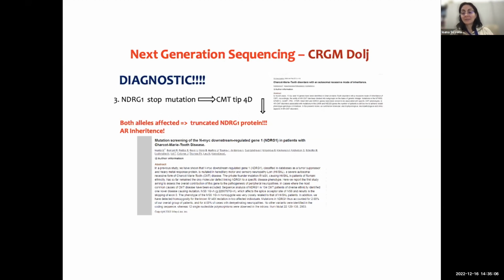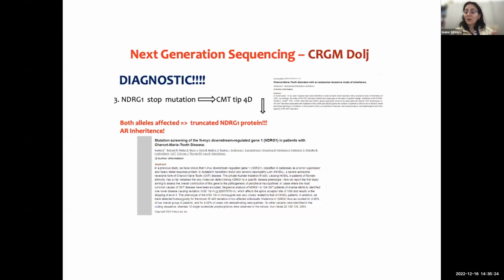And this time, we found a genetic variant in a gene called NDRG1 that is associated with Charcot-Marie-Tooth type 4D.